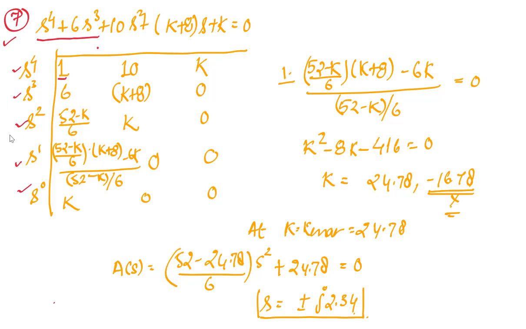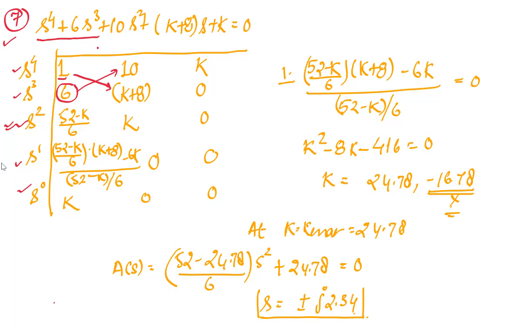So the third row will be completed as multiplication of the upper term minus multiplication of the downward side direction divided by this 6, right? So this will become 60 minus (k plus 8) divided by 6, right? That will become 52 minus k divided by 6, right? Similarly we will get k over here, right?